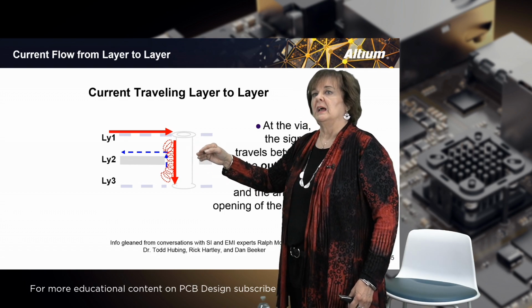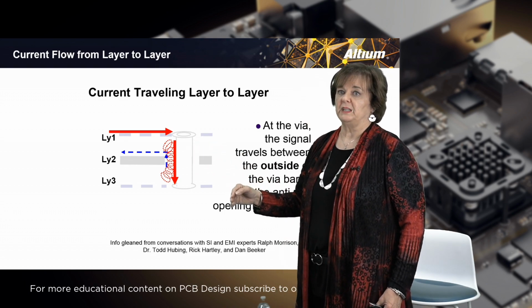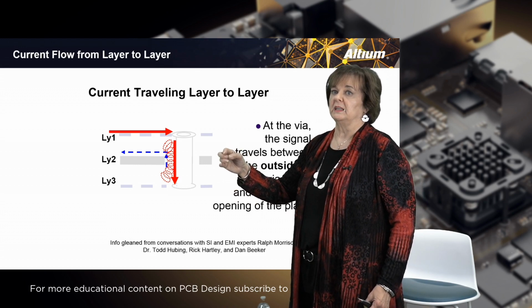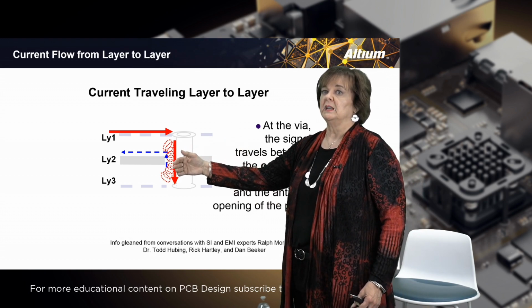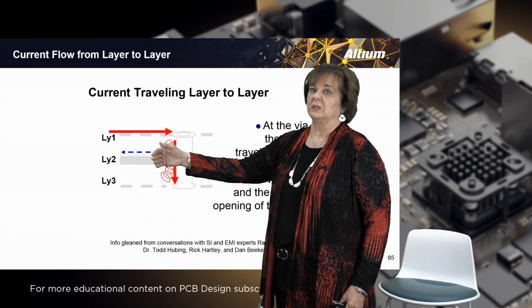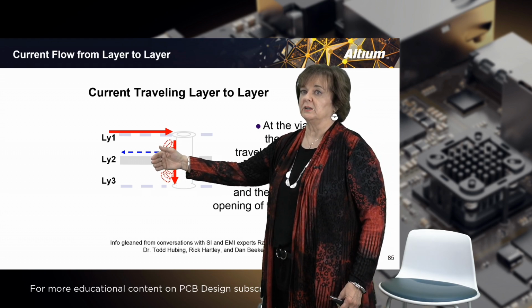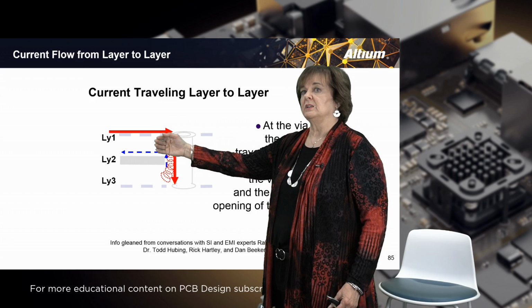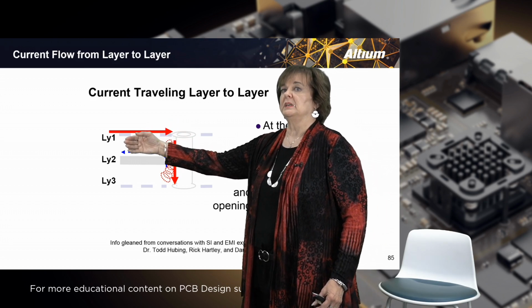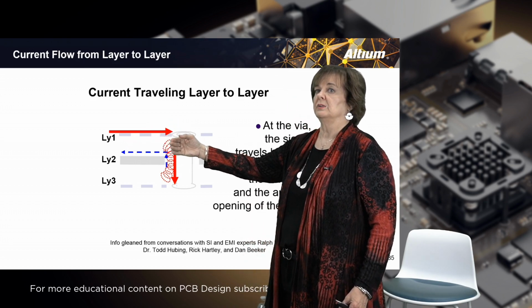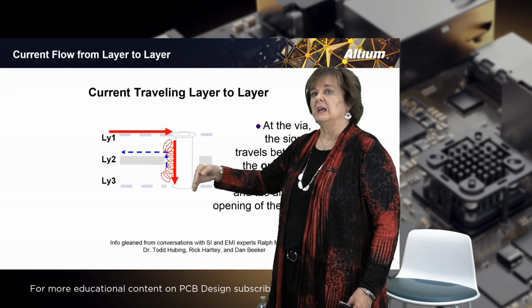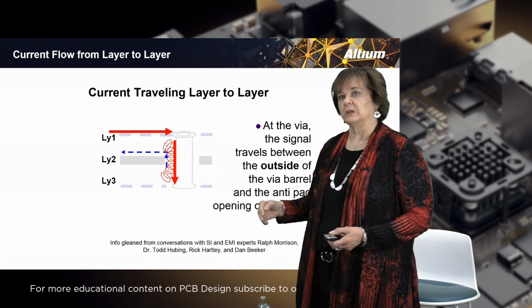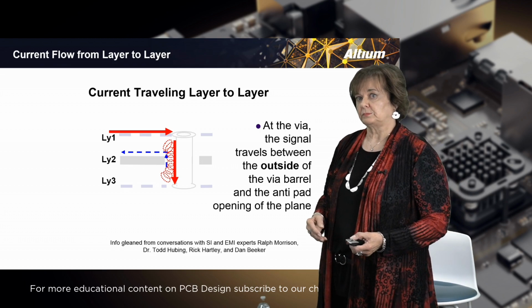Remember, the energy travels in fields, and so the fields are taking the energy on the outside of the via and coupling it across to the plane layer that is layer 2. And so the energy is going from this area here down this area here, and then the signal moves on wherever it's going with its return path following.